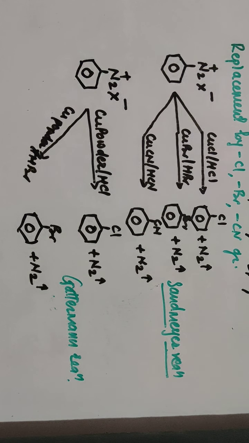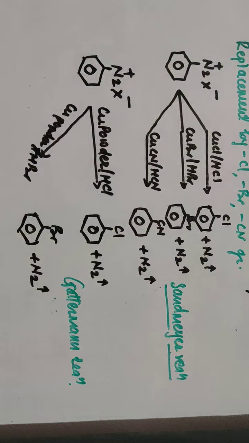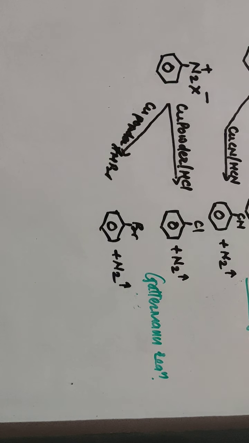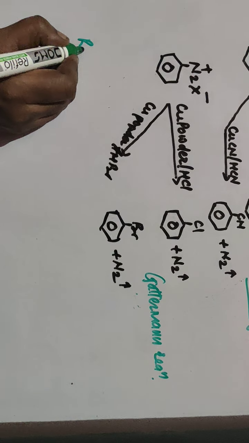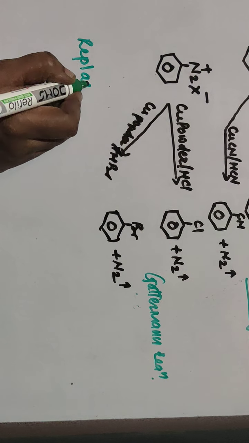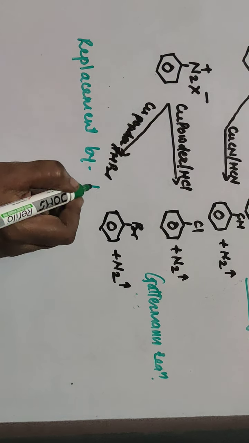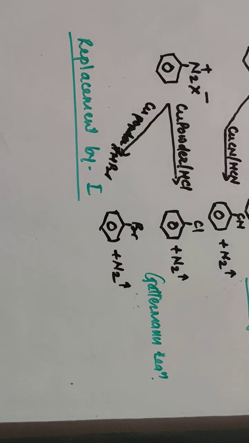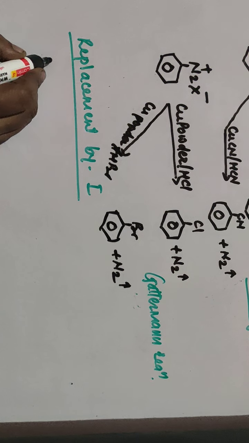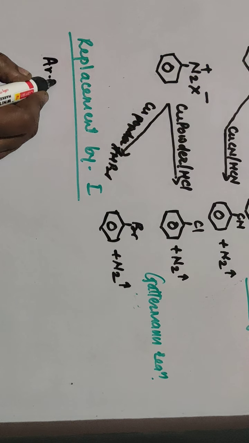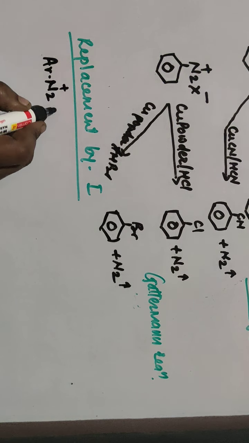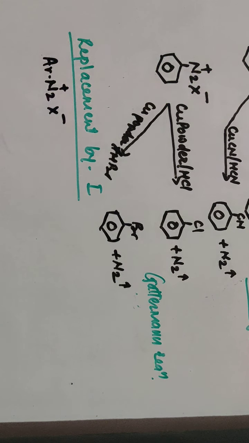The next we'll see replacement by I minus. Replacement by iodo group here. So again you are supposed to use now Ar N2 plus X minus, Ar, aromatic ring.